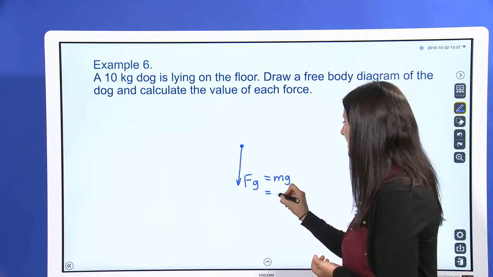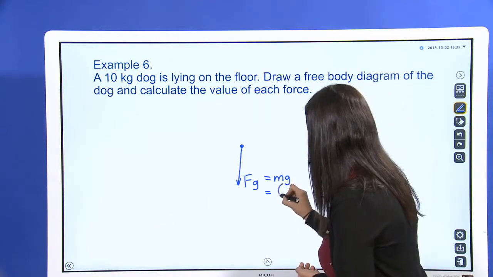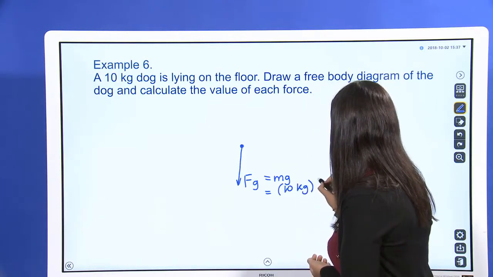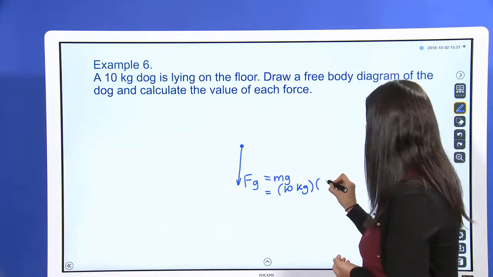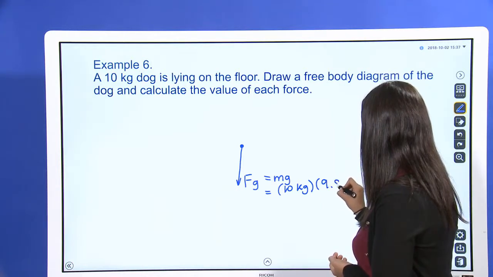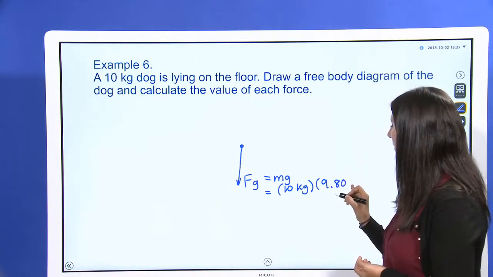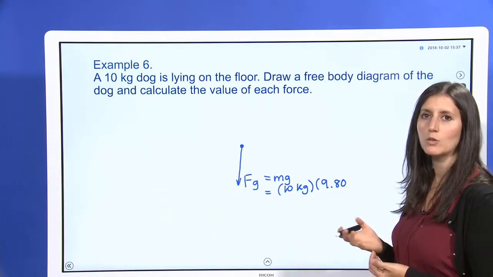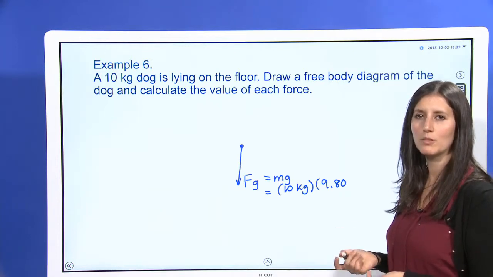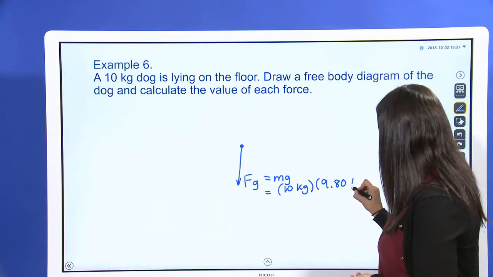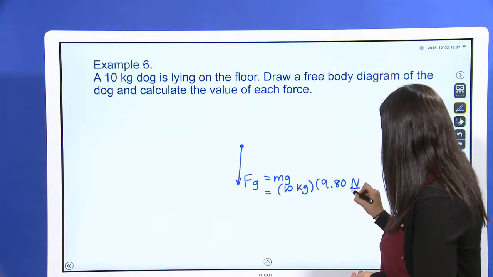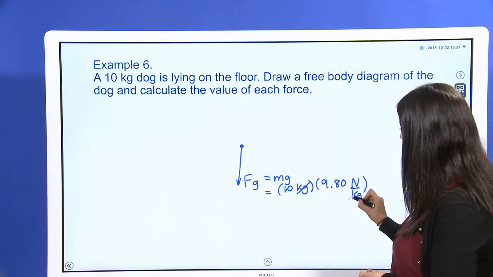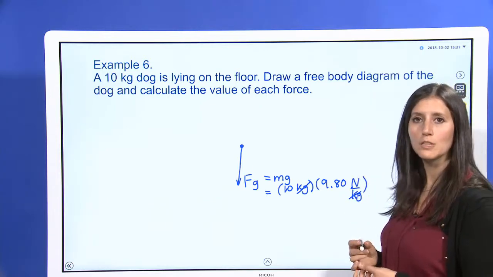So my mass is 10 kilograms, and g is 9.80. The units for g can either be meters per second squared or newtons per kilogram. They're both equivalent units. I'm going to write it as newtons per kilogram because that way you can see that the kilograms cancel out and you're left with the units for force, which is newtons.